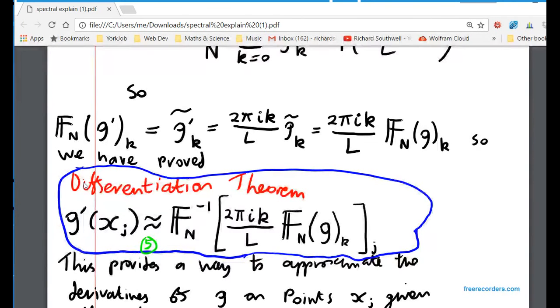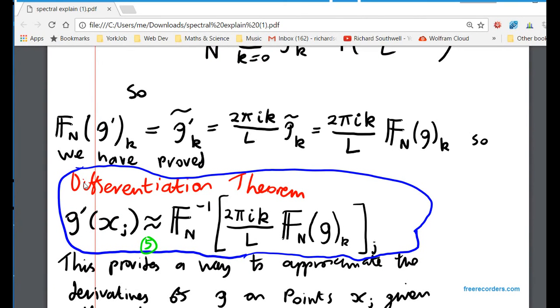Well, if we only know what g is doing at these discrete grid points xj, we're not going to be able to say for certain what its derivative is, but we can approximate it. Normally one would approximate it using something like a finite difference scheme, but we can do it like this.